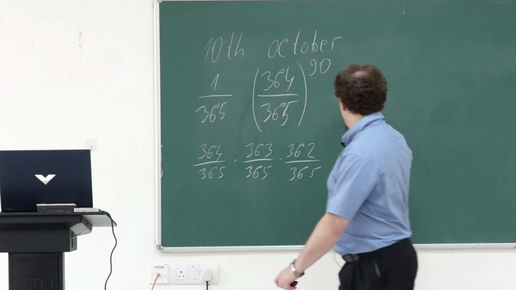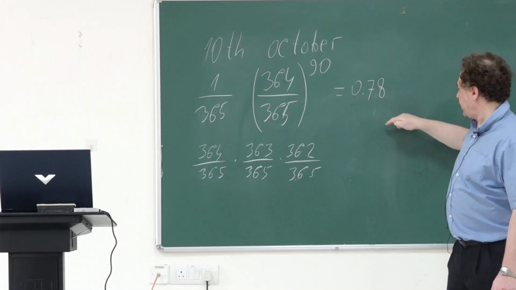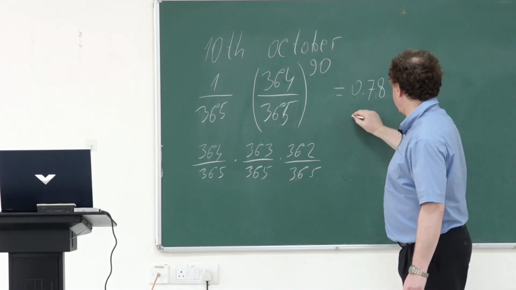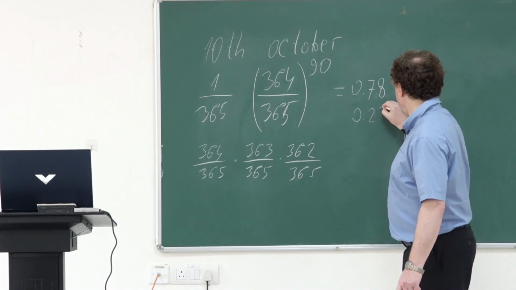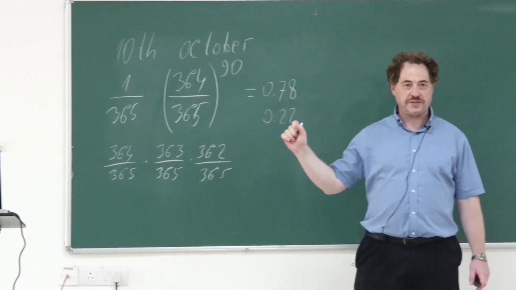So here, the probability to be successful was around 0.22, and 0.78 was the probability of the attack not being successful.